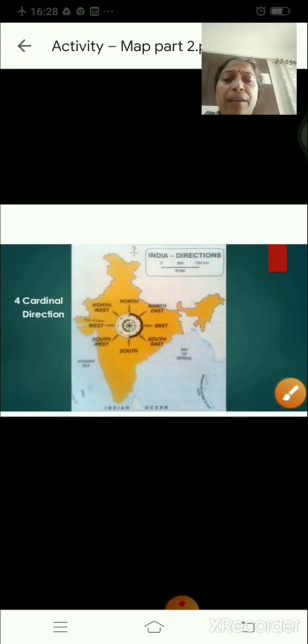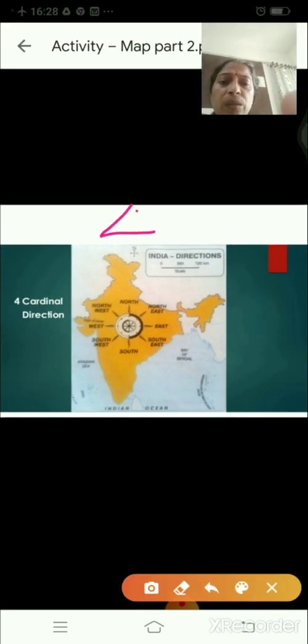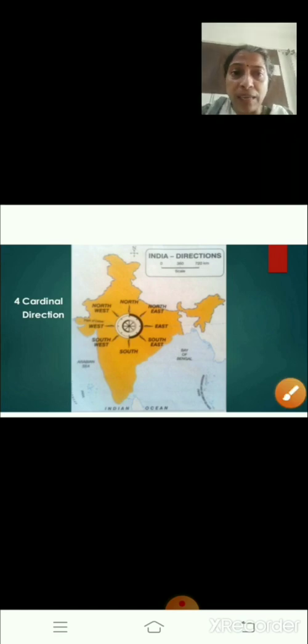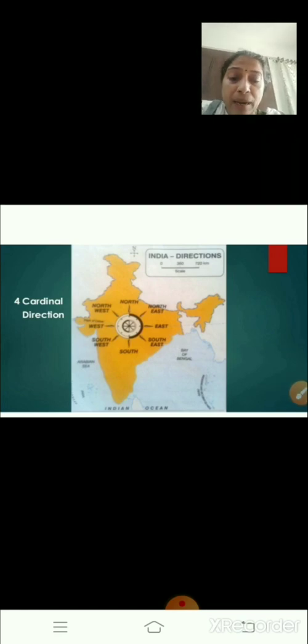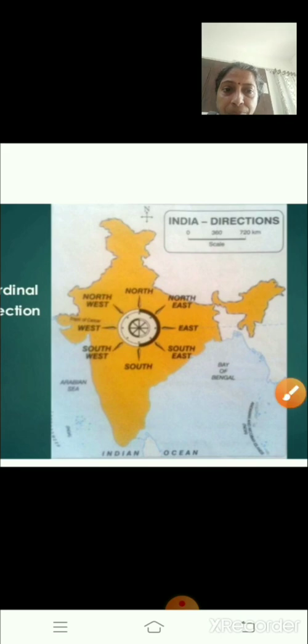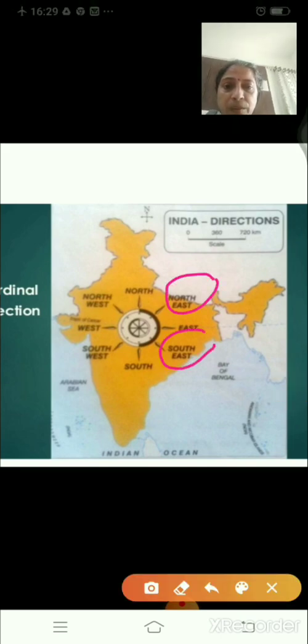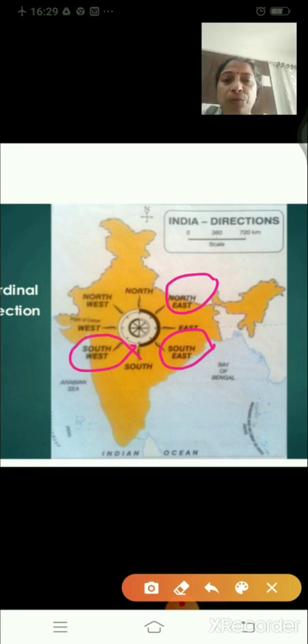All these 4 directions are called cardinal directions. Apart from these, we also have 4 intermediate directions. They are northeast, southeast, southwest and northwest.